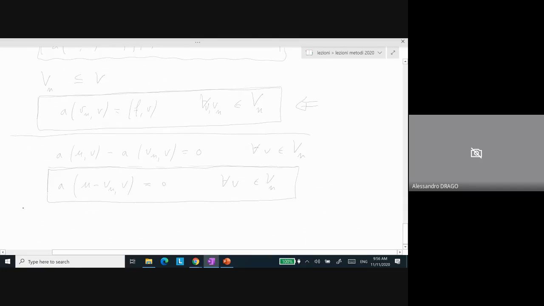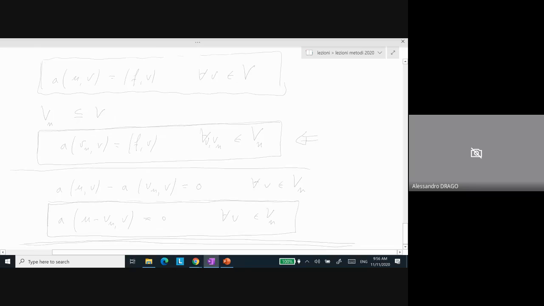So, let's try now to understand how to use this idea. The idea is we are able to write an equation, essentially this equation here, that is similar to the original equation, but this time we know that we have restricted ourselves to a certain subspace that we are comfortable to work with.